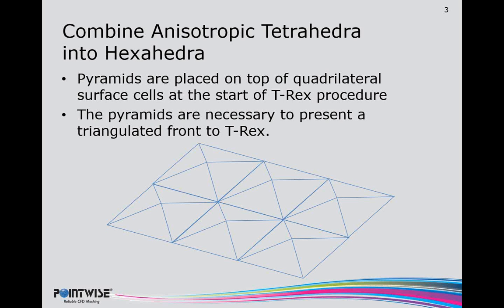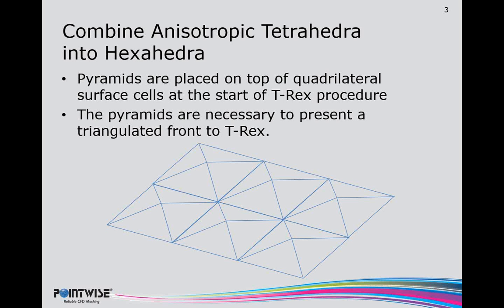When you exported this type of mesh from Pointwise to your CAE solver, what you would get would be a base pyramid, a few anisotets, and then layers of prism cells above that. Ideally, what we'd really like to see is you get hexahedra instead, and that's what we've done with version 17.2.